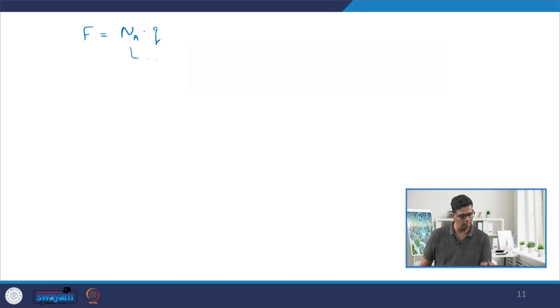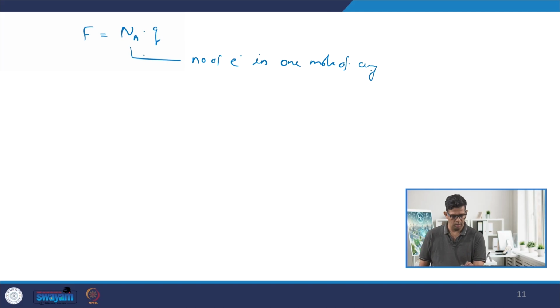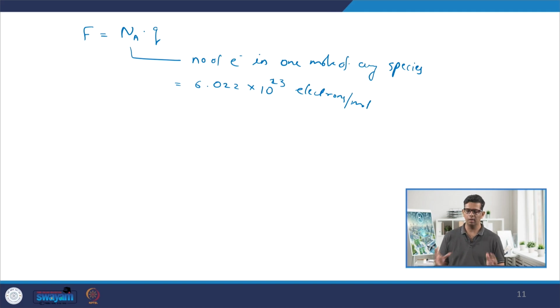Avogadro's number is the number of electrons in 1 mole of any species, and this is equal to 6.022 into 10 to the power 23 electrons per mole. So any 1 mole of species will contain roughly 6 into 10 to the power 23 electrons.